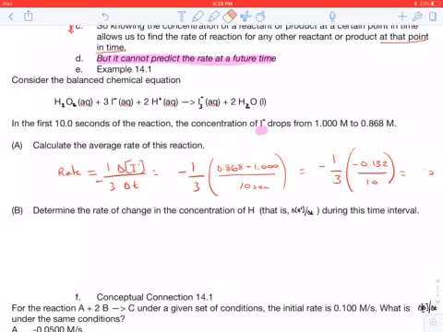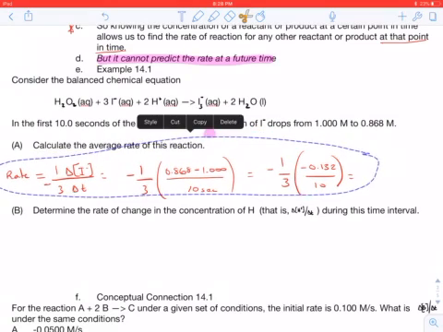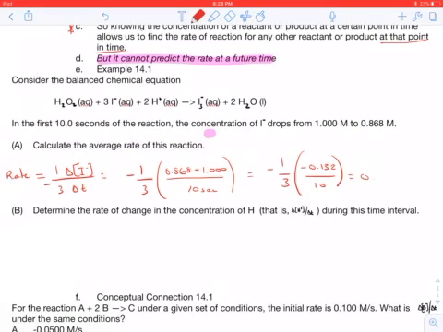I've run out of room here, which is unfortunate, so we'll just make this a little bit smaller for right now and move it over. So 0.0044, and that's molarity per second.